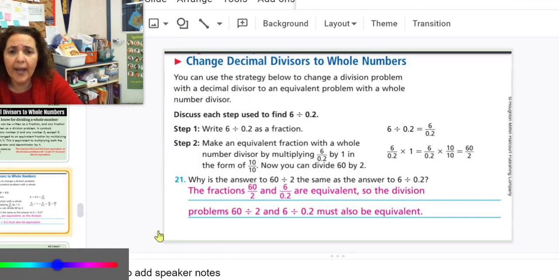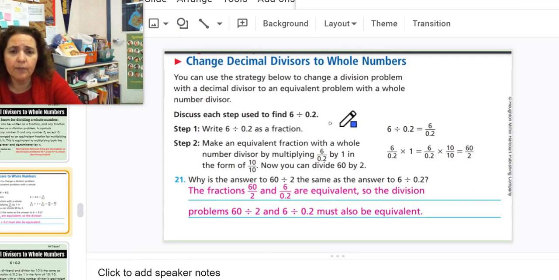So knowing that, let's say we have 6 divided by 2/10. We have 6 things and we're going to divide them up into 2/10. So you can write it as 6 divided by 2/10, or you can also write it as 6 over 2/10, right? Both ways are the same. So we know how to multiply fractions, right?